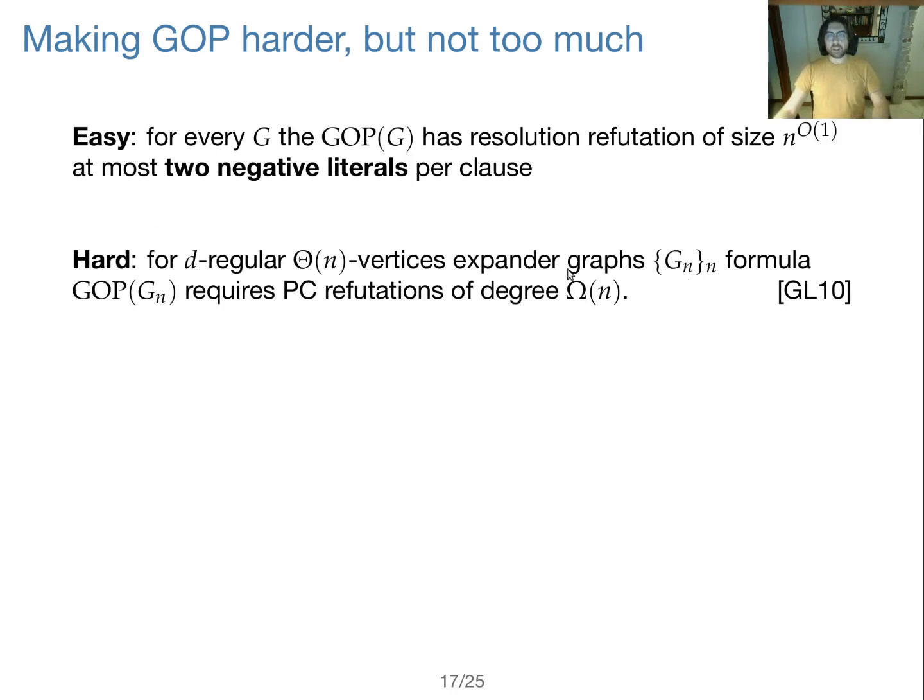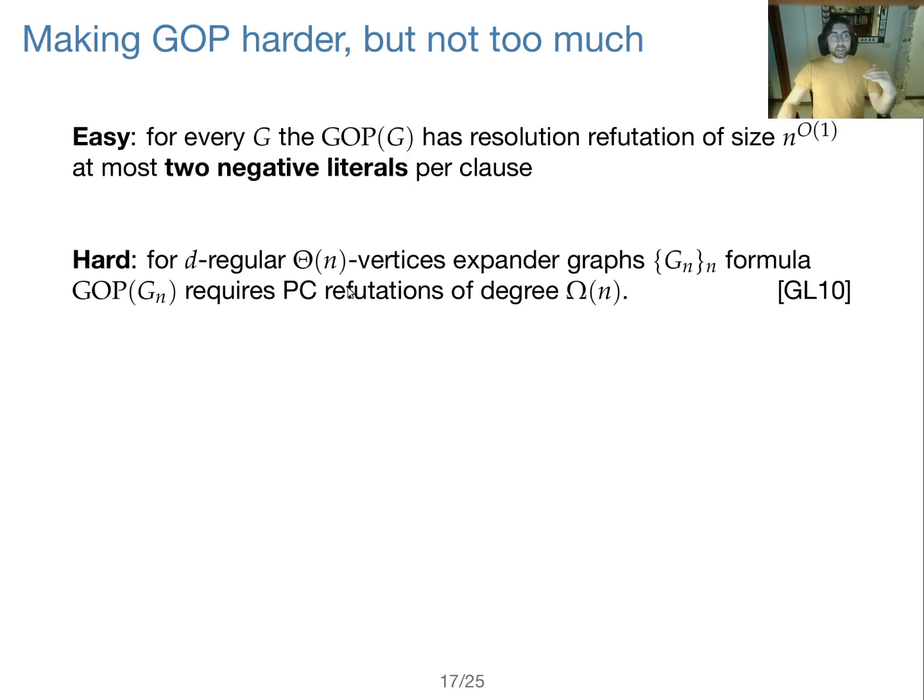For there exists a family of expander graphs, like regular expander graphs over order of n vertices, and the graph ordering principle on these expander graphs has no polynomial calculus refutation of small degree. Any polynomial calculus refutation for these formulas needs to have large degree. Good.